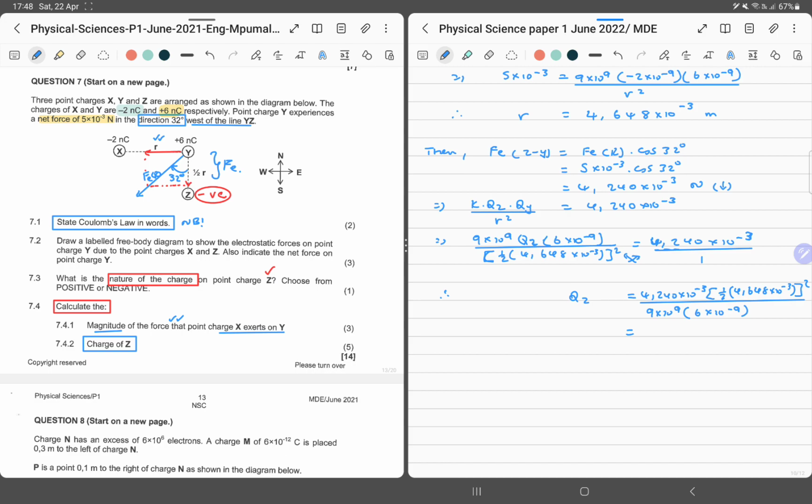We've got 4,240 times 10 to the minus 3 into a half, which is 0.5, into 4,648 times 10 to the minus 3, and then we square that one, divide by 9 times 10 to the 9 into 6 to the minus 9.